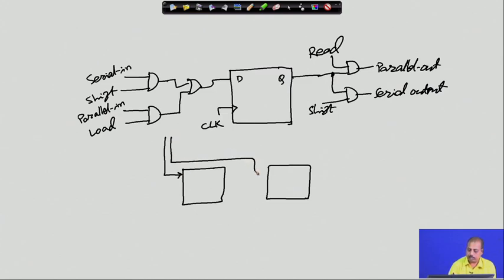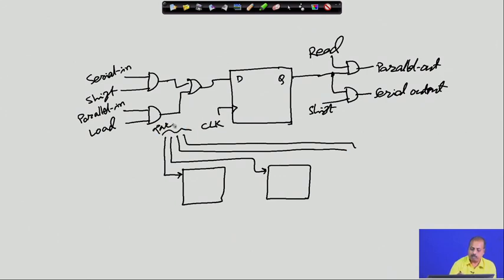Out of that, the first 2 lines I am showing, there are 2 more lines which will be connected to the next stages that are not shown here. So, this is the 4 bit parallel input. The first bit is connected to the first flip flop, second bit is connected to the second flip flop, like that.